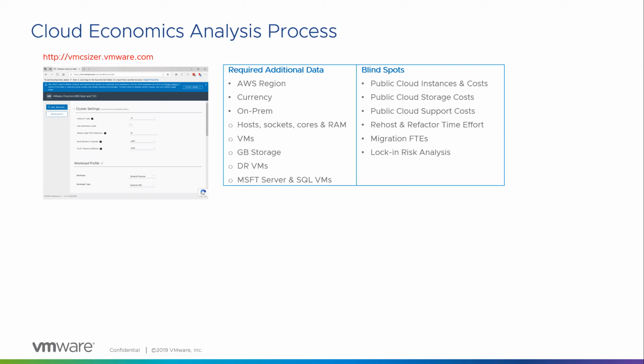What we'll then do is help you understand the various cloud costs and do the comparison. We'll also understand, if you're going to migrate, how many people you will have to do that. Because when you move to a public cloud provider, that transition can actually take a lot longer.